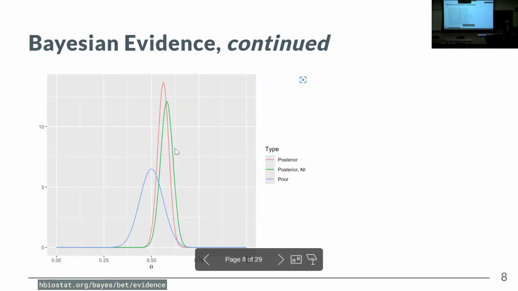We have our distribution ignoring the prior shifted over here. And then the prior is going to pull that back. And so when we're claiming something to the rest of the world, we want to claim this middle distribution, the red one, because that one is made to be more realistic because it's incorporating our prior knowledge.